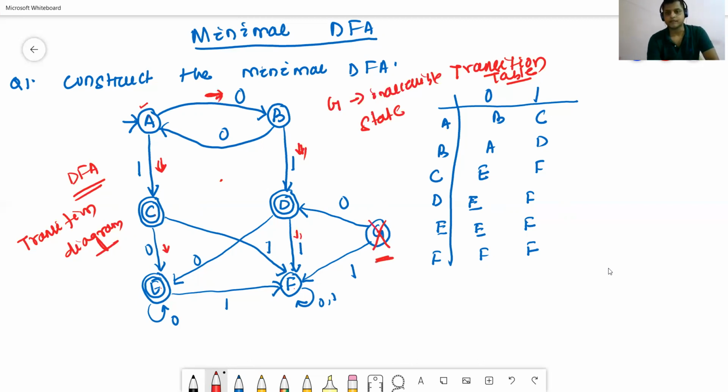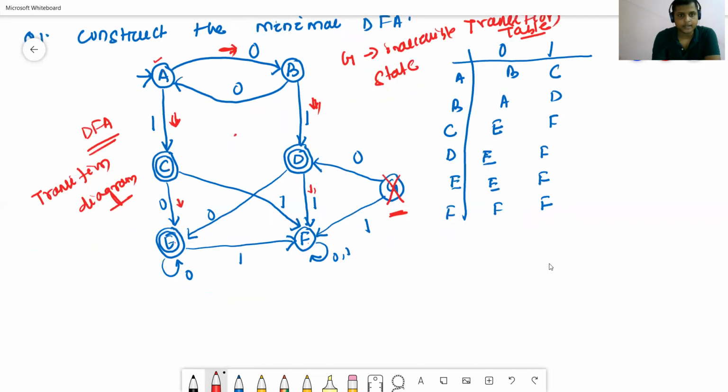Okay. Now we'll minimize the number of states. Initially the DFA contains 7 states: A, B, C, D, E, F, G. Now we remove G because G is an inaccessible state.